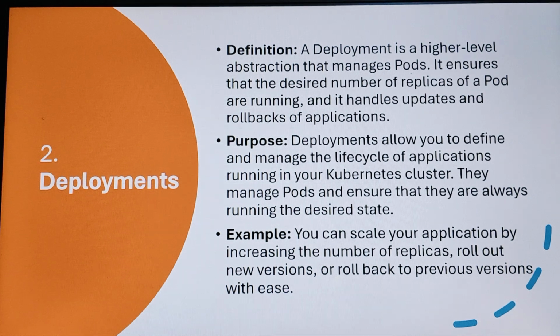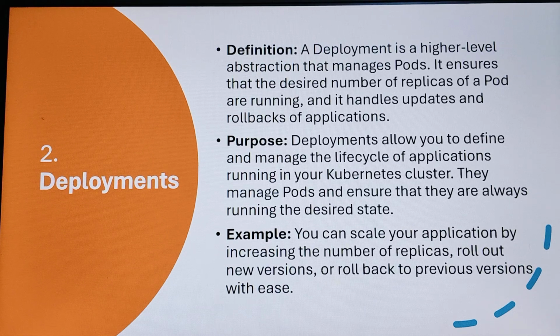Next, let's talk about deployments. A deployment is a higher level abstraction in Kubernetes that manages a set of pods. It's what you use to ensure that a specific number of pods are running and always in the desired state.